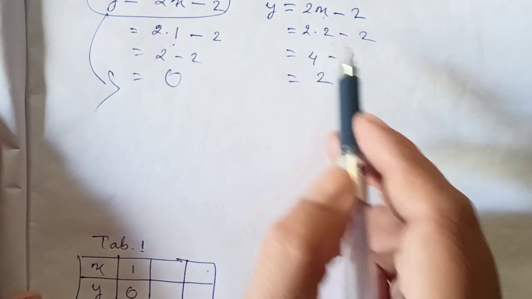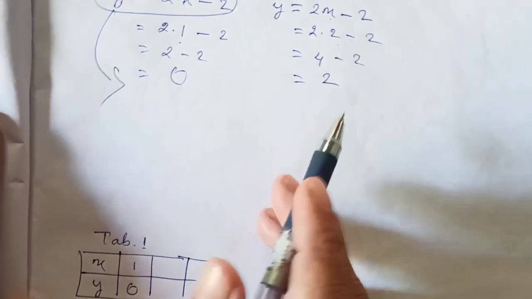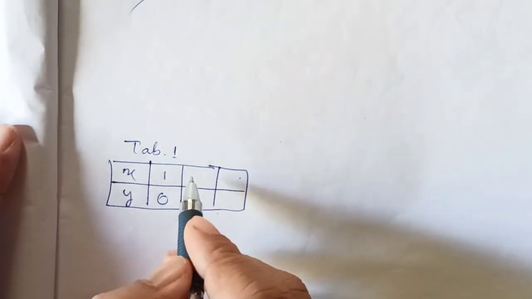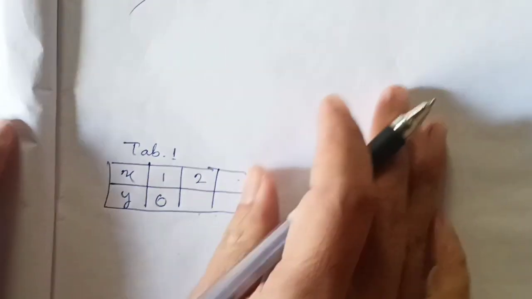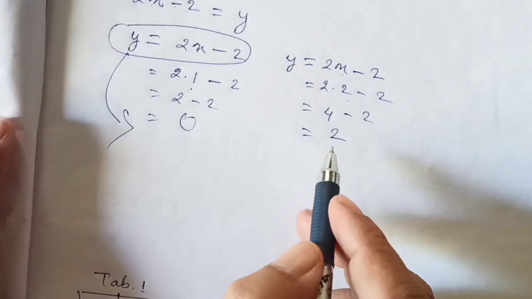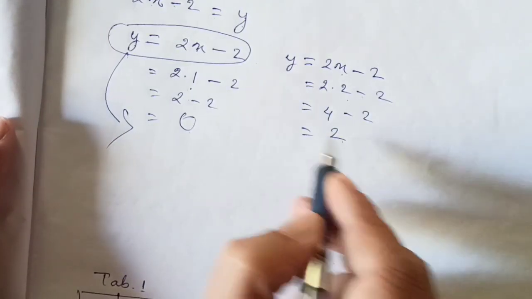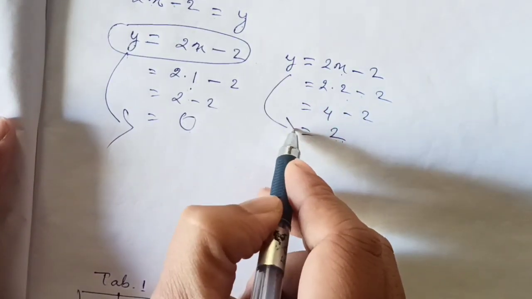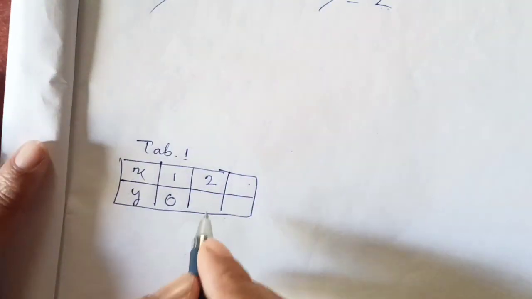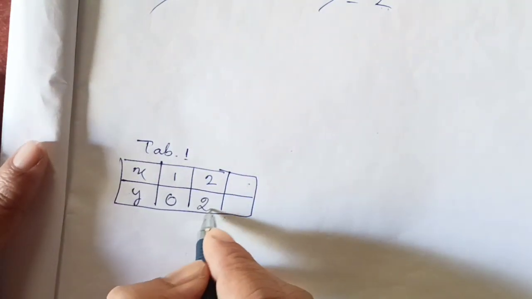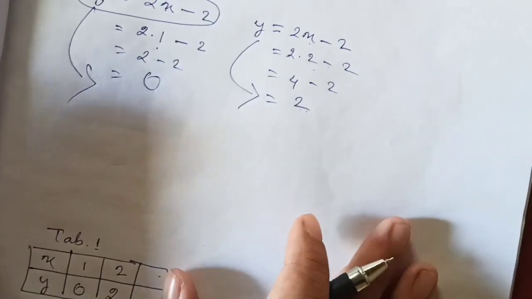Instead of x, we replace x with 2, so we write x as 2. At last we get the answer as 2. That means this 2 is the value of y. So y is 2.